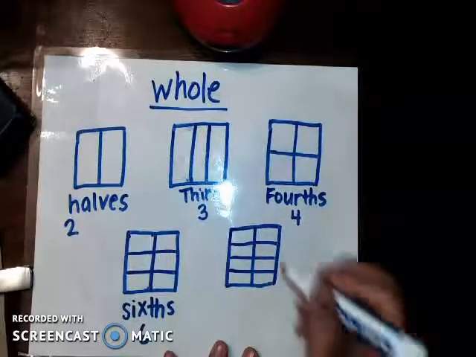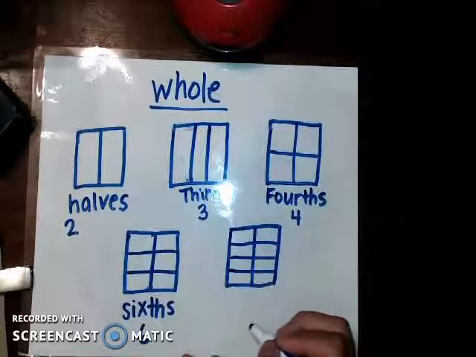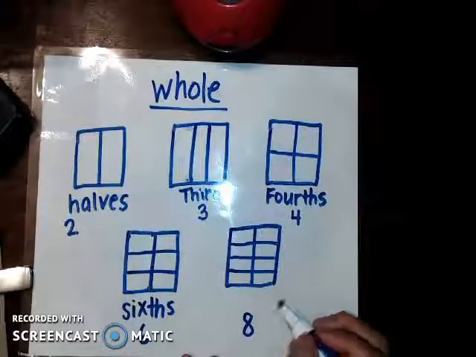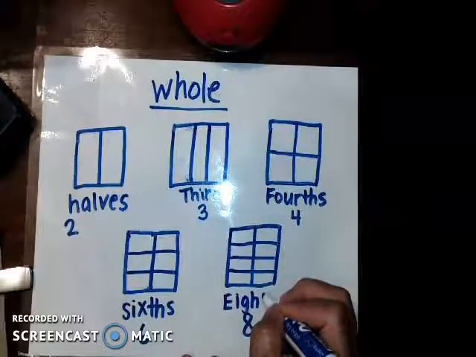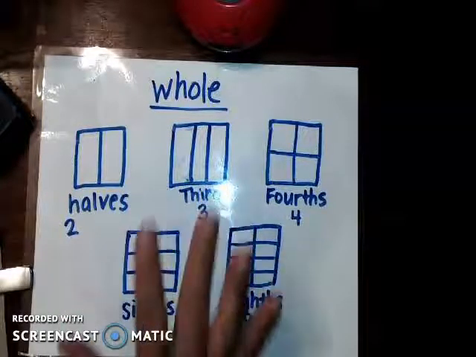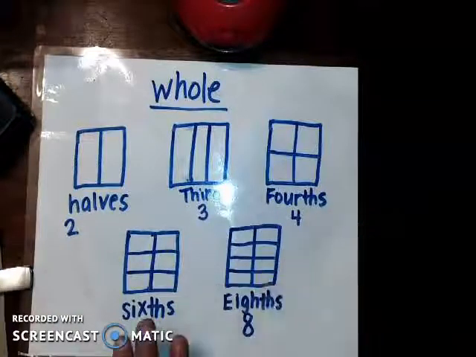There are how many equal parts here, boys and girls? I hope you said 8 as well, because that means they are split into eighths. And you're going to see these parts of a whole in today's homework. Halves, thirds, fourths, sixths, and eighths.